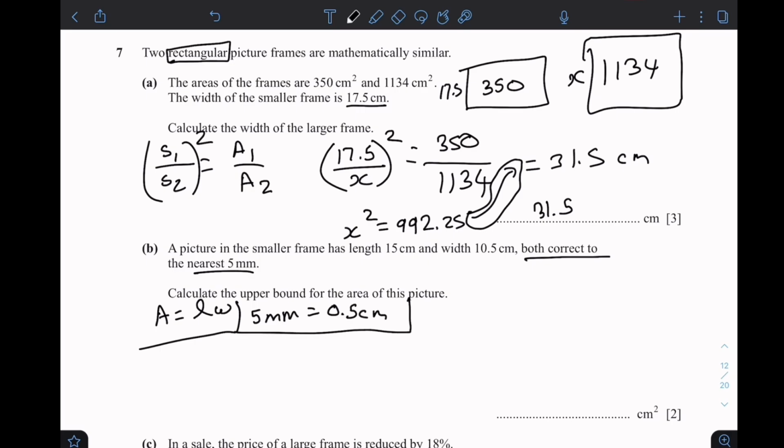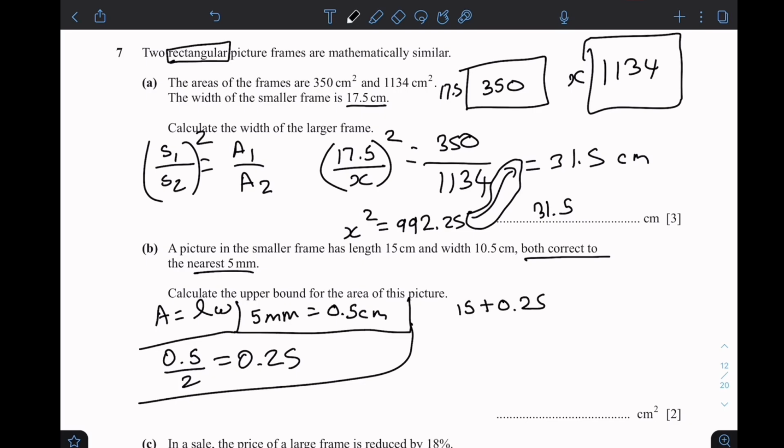Now, whenever you use lower and upper bounds, you should always do this. First, divide the 0.5 by 2, which is 0.25. Next, since they said upper bound, you do plus to everything, and it's a multiplication.